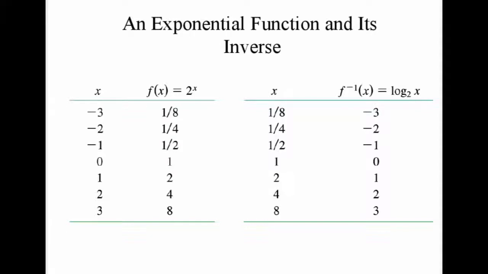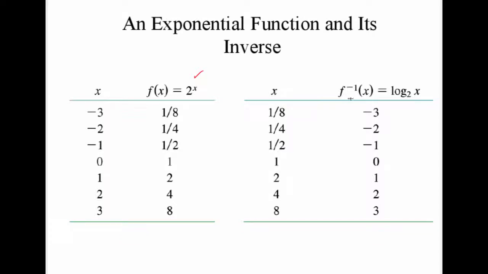So just to look at some values here associated with an exponential function and its inverse, here on the left we have function f, which is 2 to the x. And we have some x values in the domain of f. So when x is negative 3, the value of f is 1/8. When x is negative 2, the value of f is 1/4, and so on. When we look at its inverse, we see that relationship, what I was mentioning on the graph, play out.